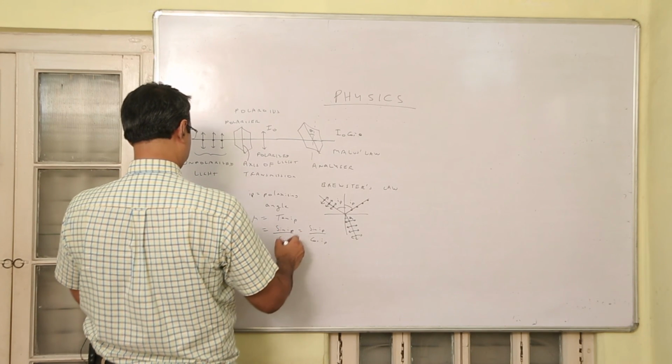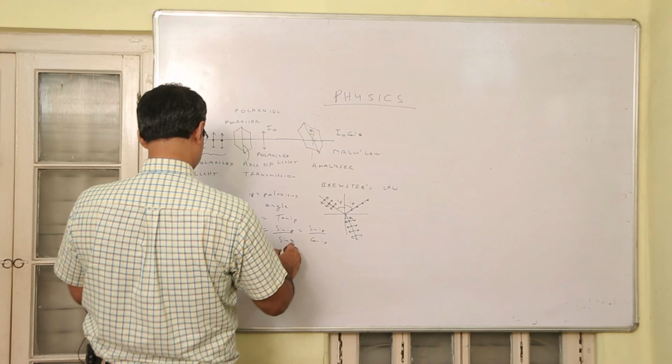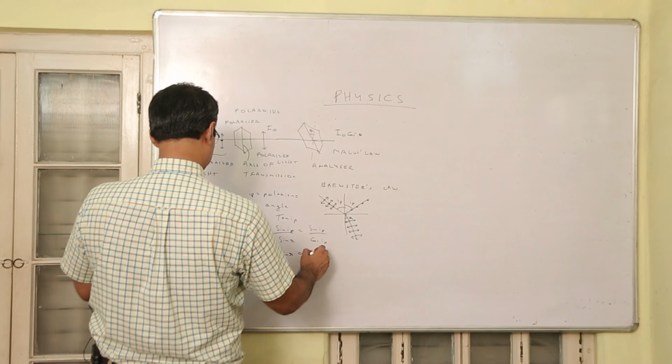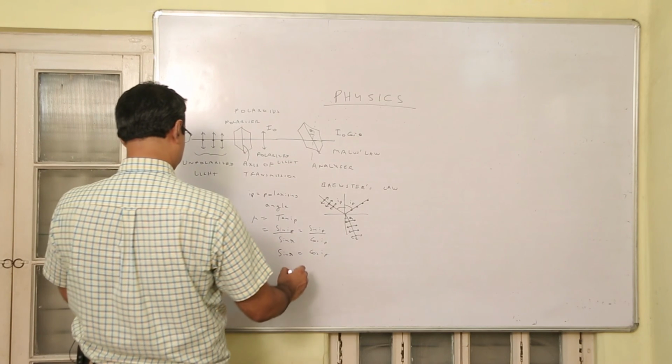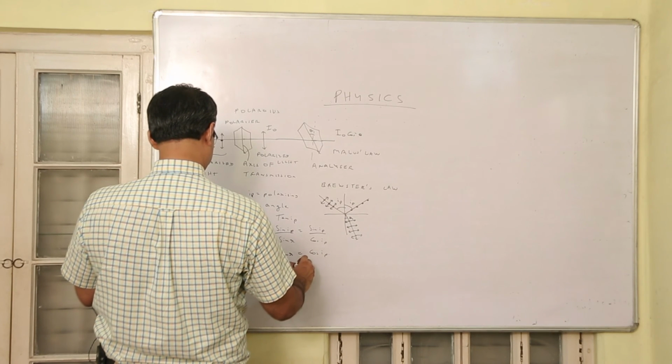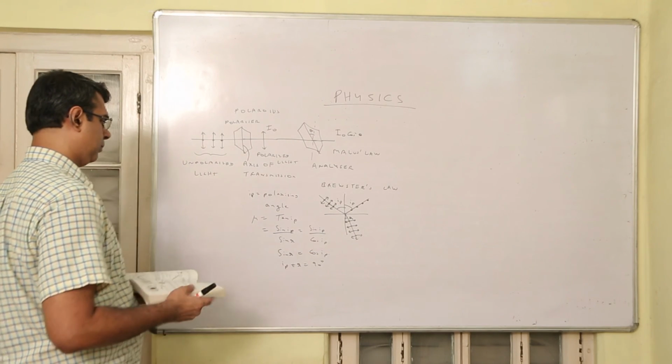So if you write this as sin IP, then you will get sin R is equal to cos IP, which means IP and R are perpendicular to each other.